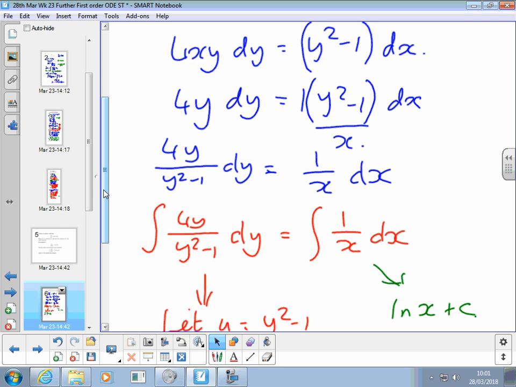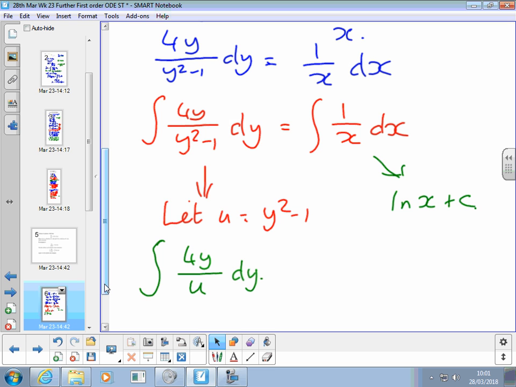How's that done by substitution? The man says that's done by substitution, but doesn't go into the detail. So how do we do that by substitution?